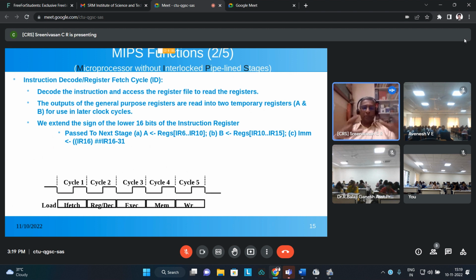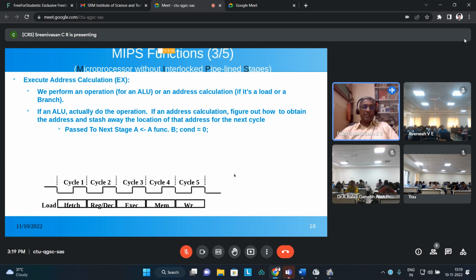So depending on the bits, your register size will differ. If it is a 16-bit microprocessor, you'll have 16-bit registers, right? That's why I'm taking 16 bits here, and then it is passed on to the next stage. So it decodes everything here. It takes the full cycle, 4 cycles.